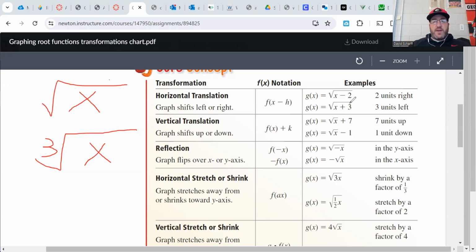As far as my transformations go, anything other than x, square root of x or the cube root of x, so anything around, because you can have stuff in front as well. Anything with the square root or the cube root of x that's not x itself is going to be a transformation. Okay. So again, big idea. What does that even really mean?